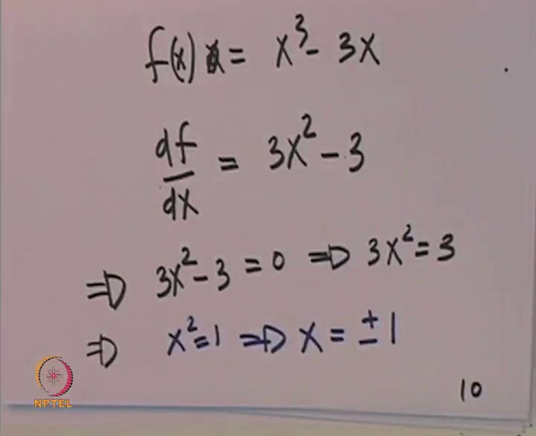So, we learn that at x equal to plus 1 and minus 1, you have extrema, either a maximum or a minimum. We do not know yet if it is maxima or minima, but that must be found out.